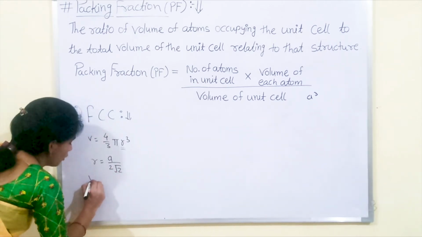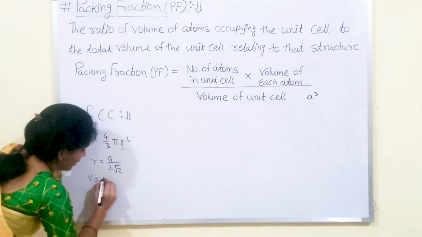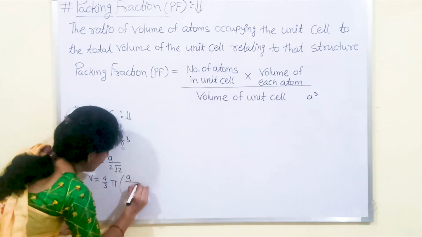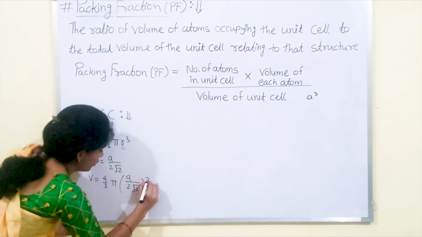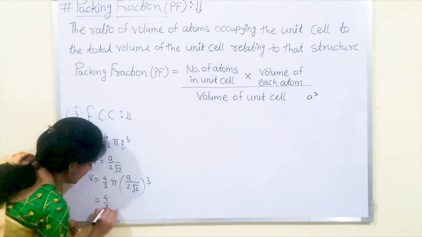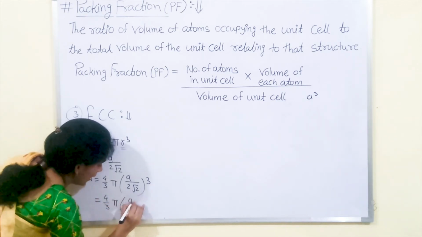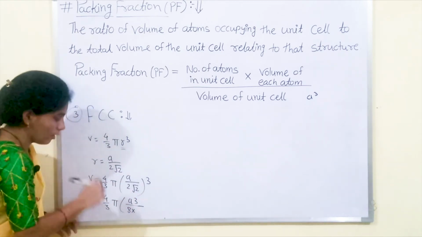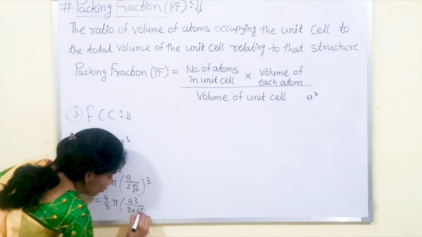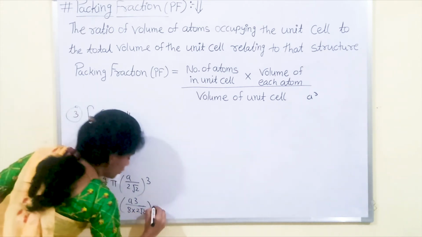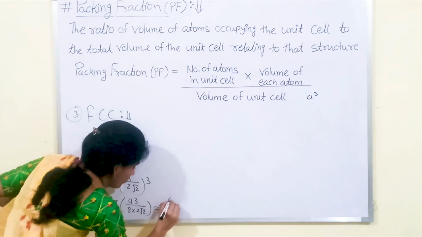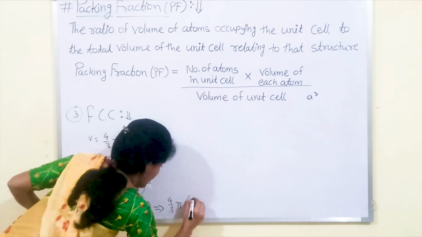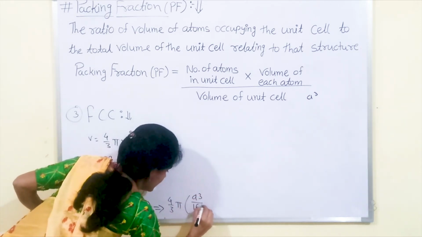So the volume of each atom is 4 by 3 pi into a by 2 root 2 cube, which is 4 by 3 pi a cube divided by 8 into 2 root 2, so 4 by 3 pi a cube divided by 16 root 2.